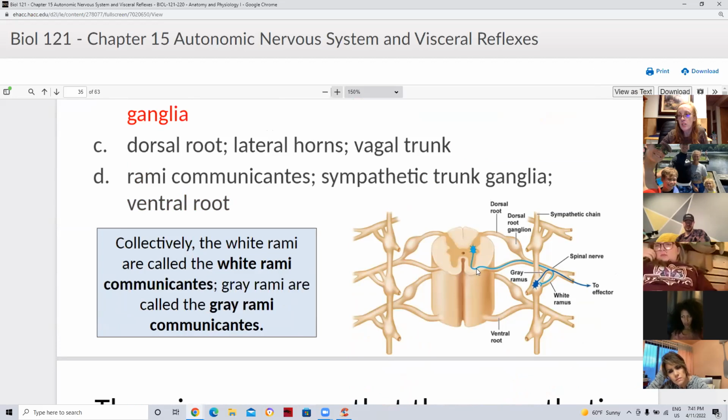So the anterior or ventral root comes out and moves around the sympathetic chain ganglion. Is that clear?